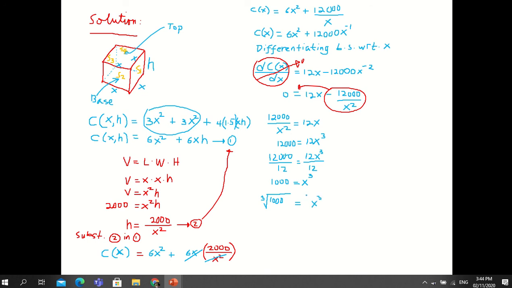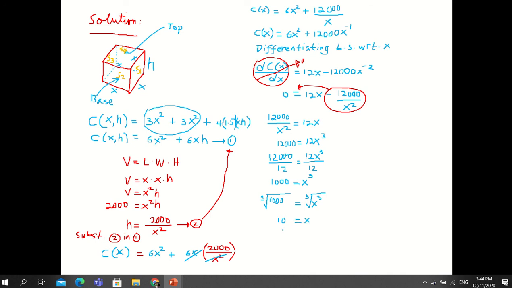So cube root of x cubed is simply equal to x. So cube root of 1000 is 10, and cube root of x cubed is equal to x.